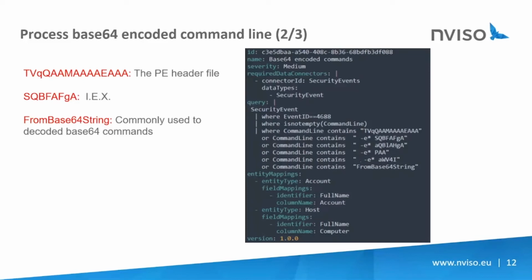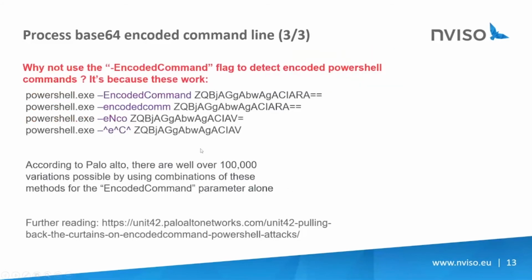But you might think, okay, why not just alert on the -EncodedCommand flag and detect malicious PowerShell commands that way? Well, it's because detection engineering is a cat and mouse game, and it has a lot of nuances.